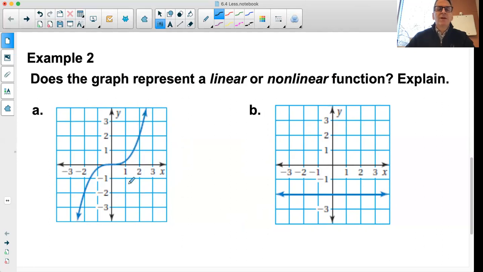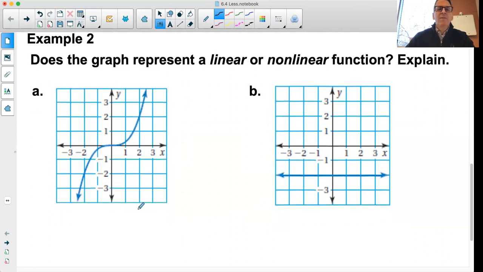And if you see something like this, you might be tempted to think, well, that's kind of a line, but it's not. This is nonlinear. Okay, it changes and it goes up, but it's not at a constant rate of change.